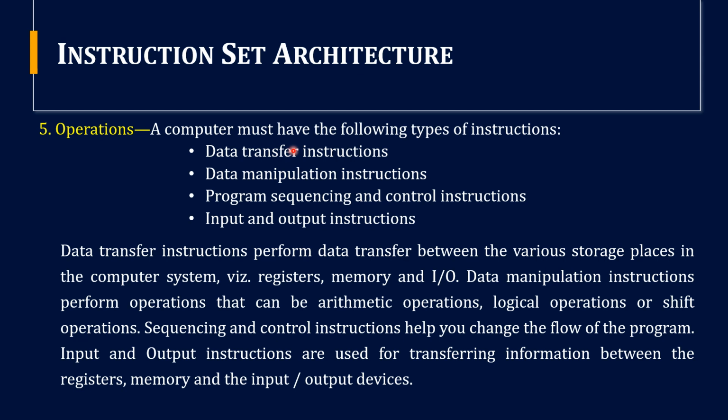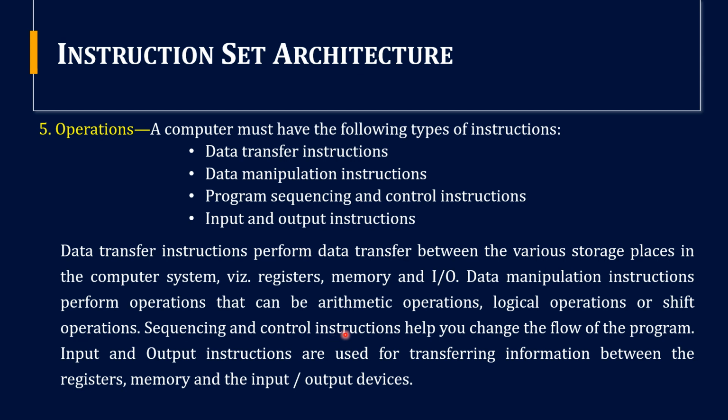The data transfer instructions perform the data transfer between the various storage places in the computer system, that is, between the registers or to and from the memory and input-output devices. Then the data manipulation instructions perform operations that can be arithmetic, logical, or shift operations.